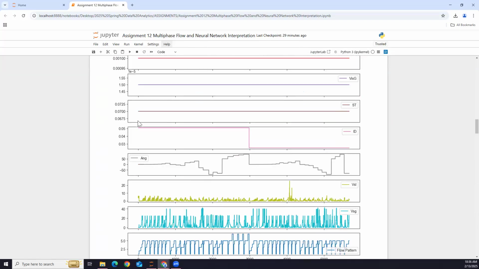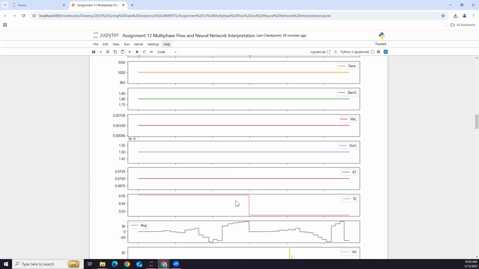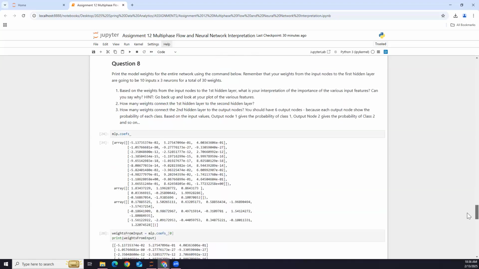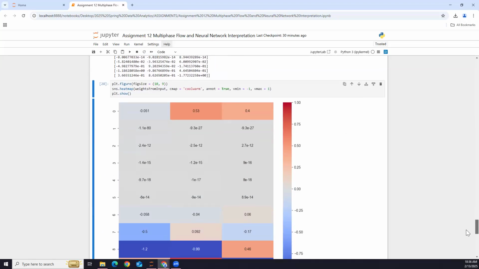For every single flow pattern, they have exactly the same value of the density of liquid, density of gas, viscosity of liquid, viscosity of gas, and the surface roughness, which essentially means that none of these inputs are useful for the classification. And that's essentially what the neural network is detecting automatically by working on your training data set.